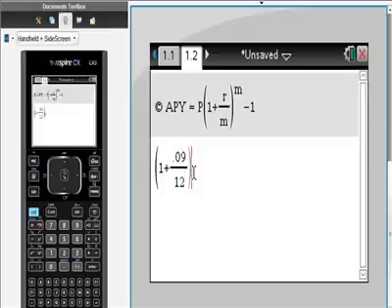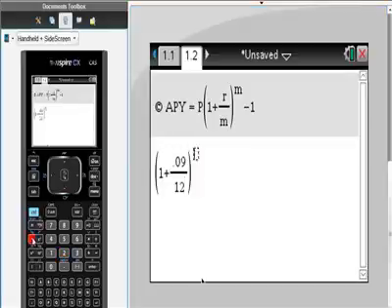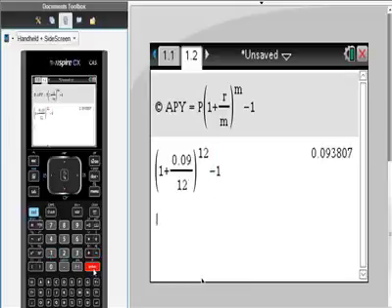I'm just following the formula over top, so to the 12th power. I get this, it's taking time, but I want you to see what the benefit is here. So minus 1, and then I hit enter, and there's our effective rate. Then we have to multiply that by 100 to get the actual rate.